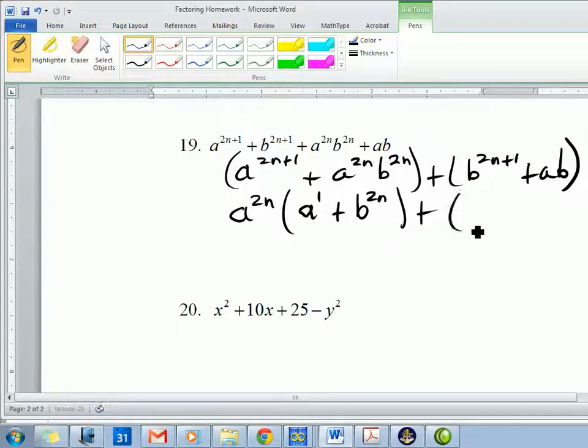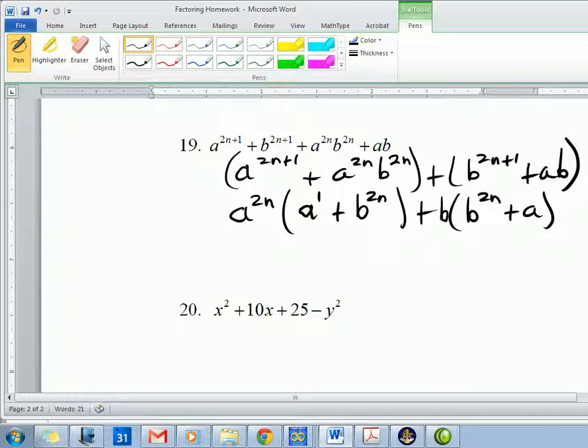And then on this side, looking at it, all we can factor out is a b, I think. So if we factored out that b, what's left is b to the 2n plus a.